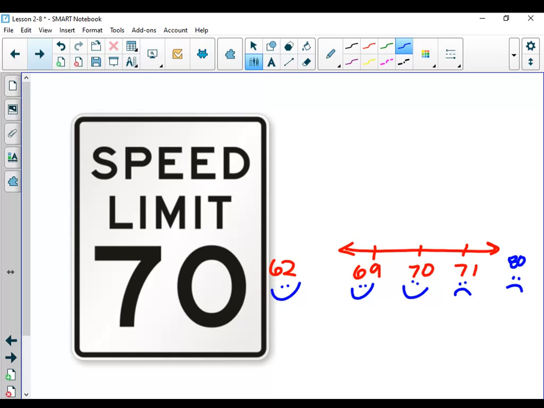This means I can go exactly 70 with a colored in dot, or numbers to the left. In the learning target where it says graph, that's what this means. On a number line, graph which numbers are the preferred speed.